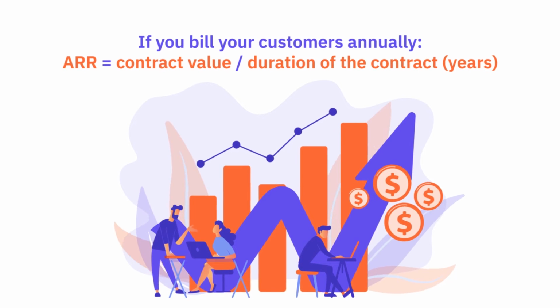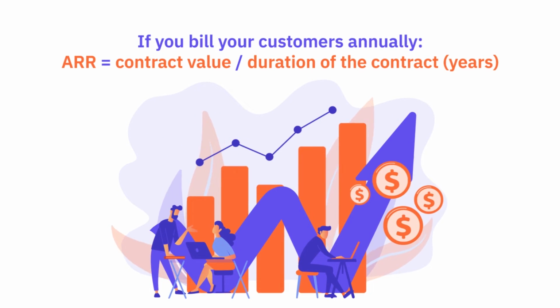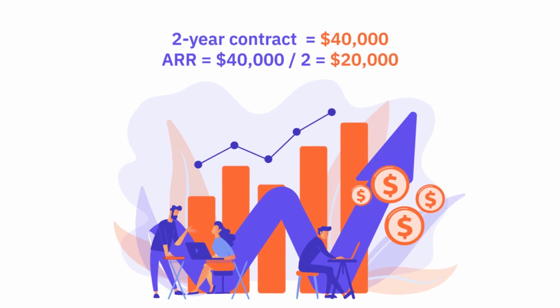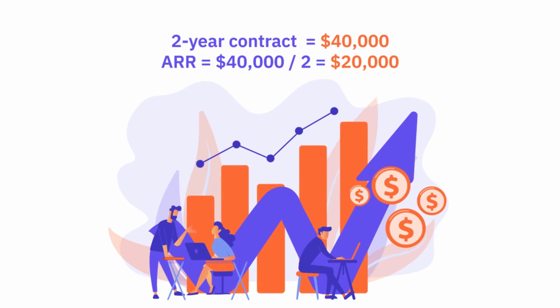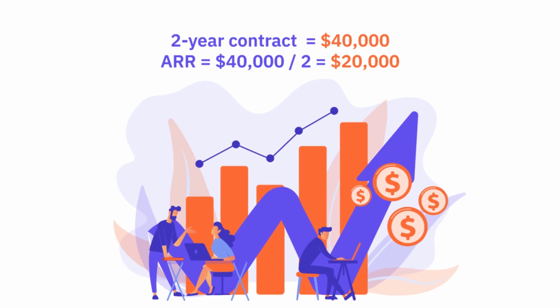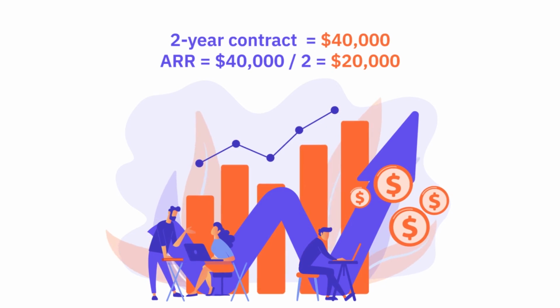For example, if a customer signs an annual contract for 2 years at $40,000, then your ARR calculation is $40,000 divided by 2, which equals $20,000.